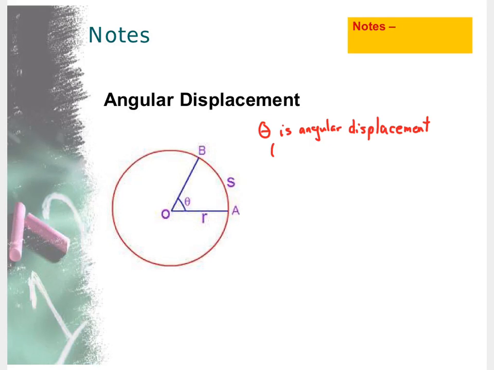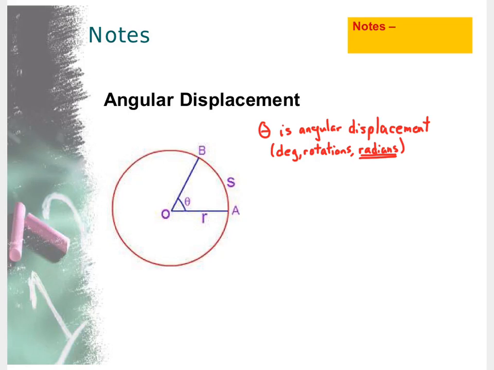So it can be measured in degrees, it can be measured in rotations or revolutions, or it can be measured in radians. Radians is the one that we like to use in physics the most because there are some formulas that we use where you have to use radians.